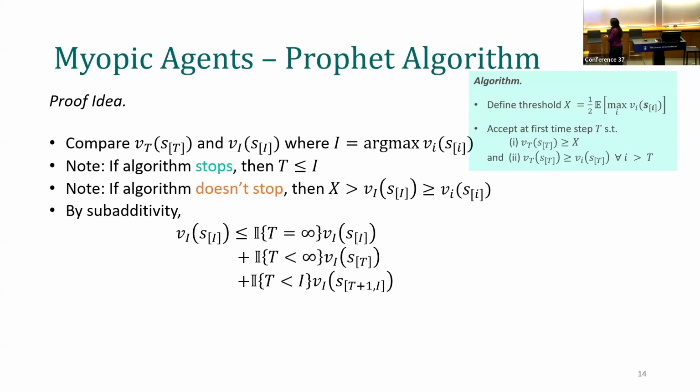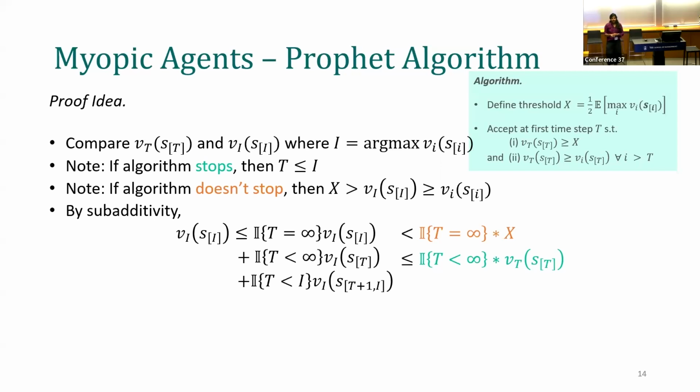Okay? And using these two observations, we are able to very easily bound the first and second term. Because when the algorithm doesn't stop, we just said that nobody's value is greater than the threshold, so I can bound it by x. And when the algorithm does stop, when t is less than infinity, we know that whoever we actually ended up accepting has to have a value greater than all the future agents' value using just signals S1 through ST, right? Like the second stopping condition.